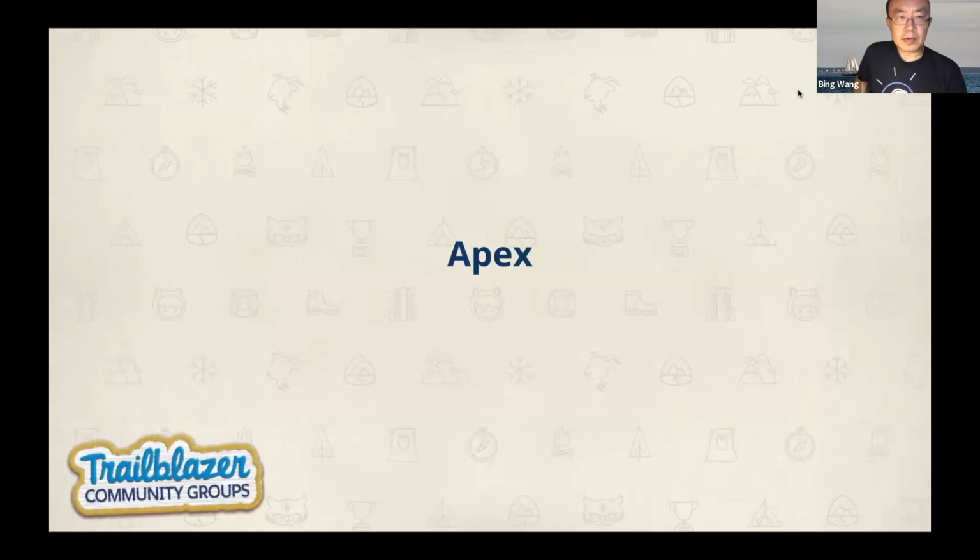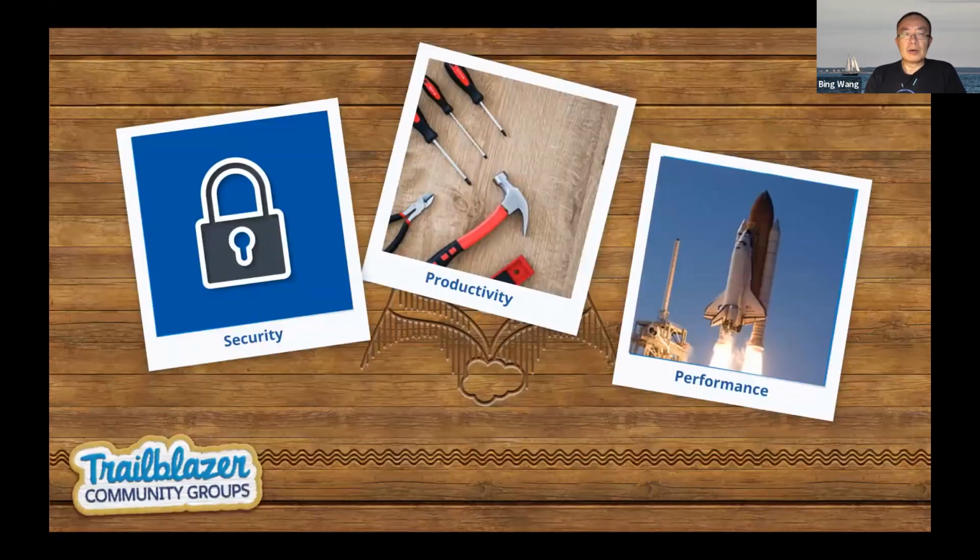So let me talk about two more things from the release notes, and one is the Apex section. Of course, Apex has been there forever as part of the toolbox for developers on Salesforce. So every release there are some new things coming up. And I would actually say this release is one of the less exciting ones in terms of Apex.